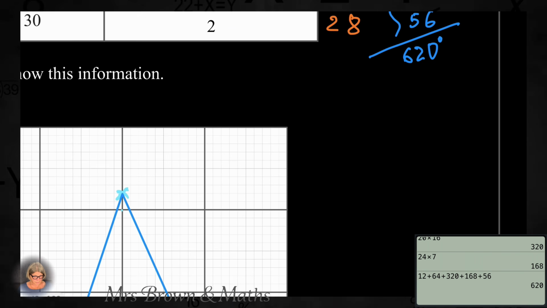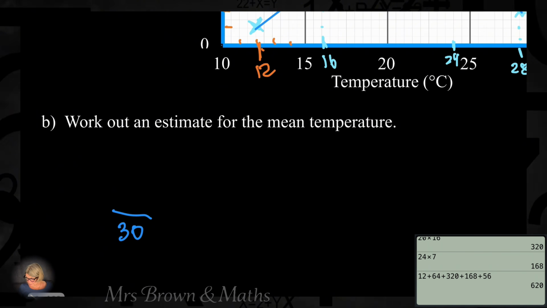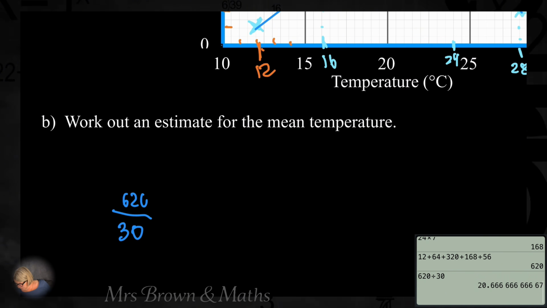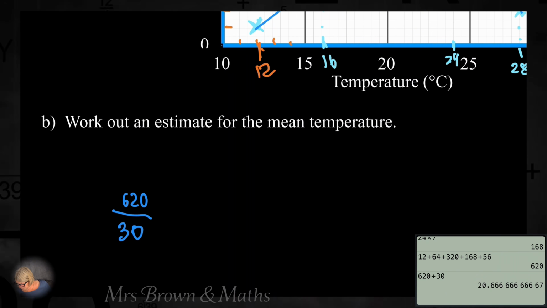Right, so we are dividing 620 by 30. It is 20.6 recurring, it means 6666.